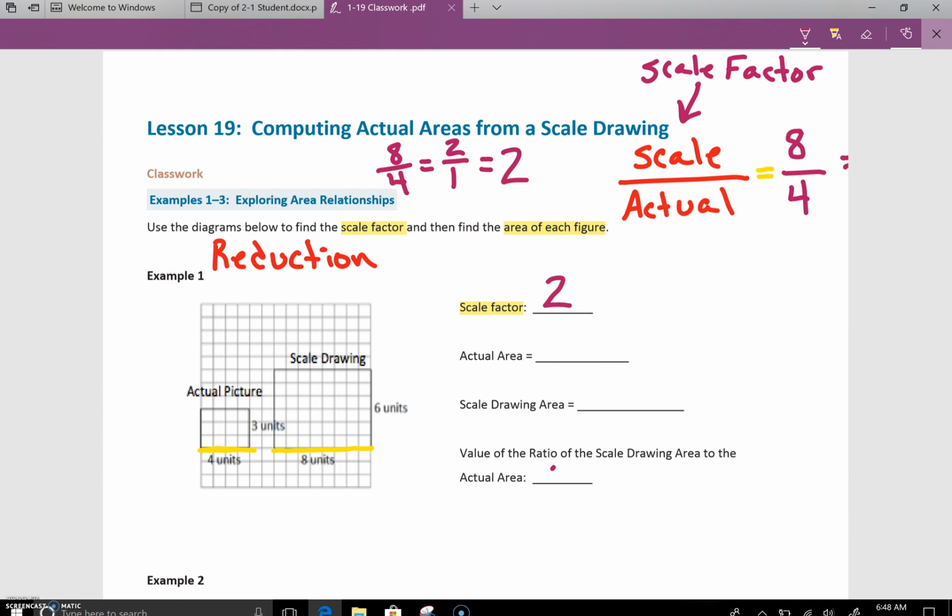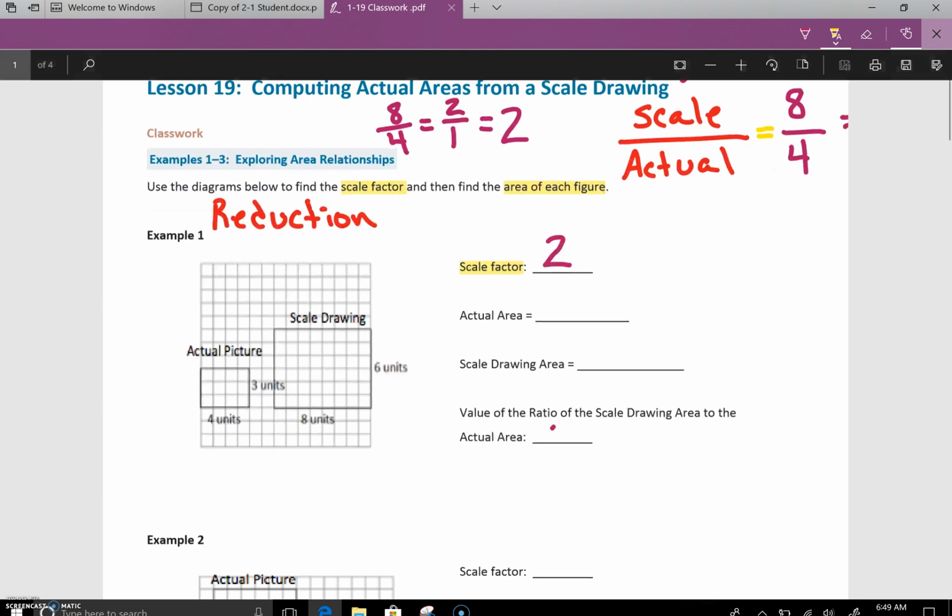Pretty simple. Next thing they want us to do is find the actual area of each of the figures. So let's look at them one at a time. It looks like they want actual picture first. So here's our actual area rectangle. And to find the area of a rectangle, it is length times width.